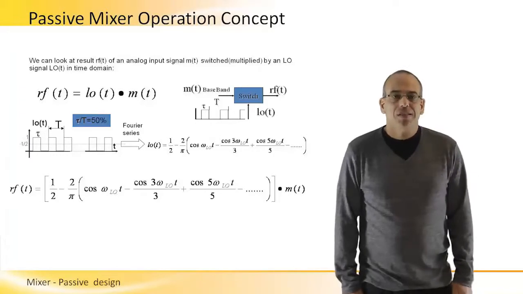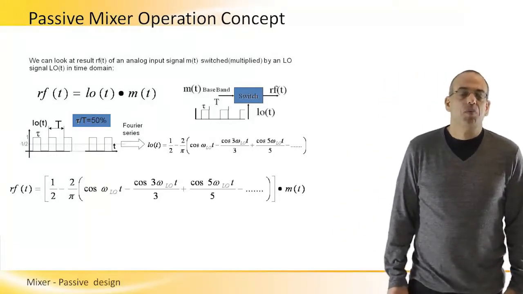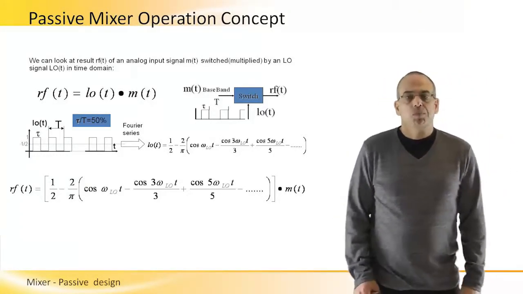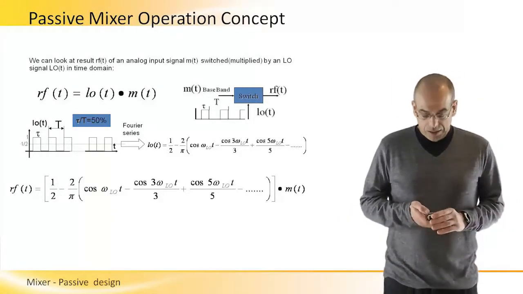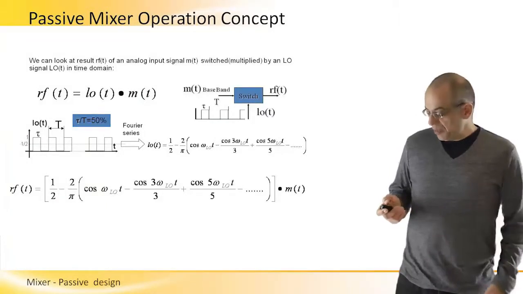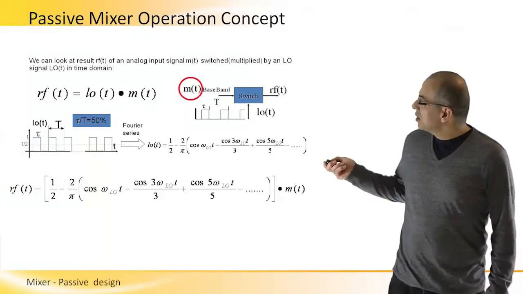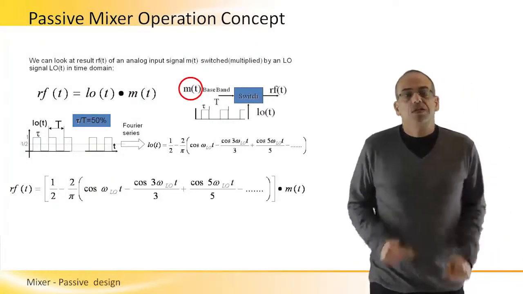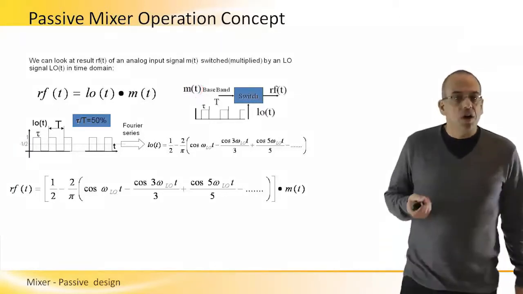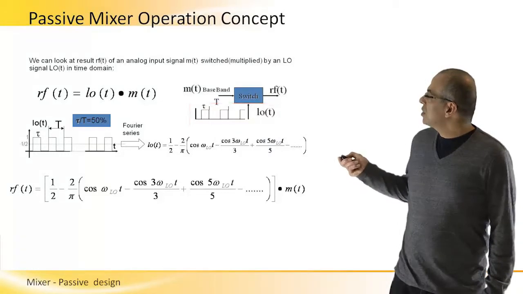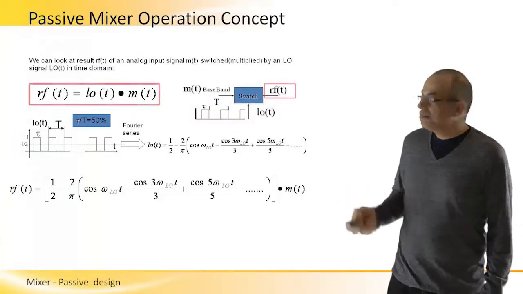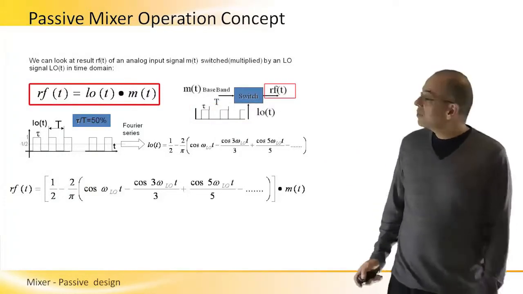When analyzing a passive mixer operation concept, we start by analyzing a simple switch. And we assume that there is an input signal, M, that is being switched on and off by a local oscillator and generating as an outcome the RF signal.